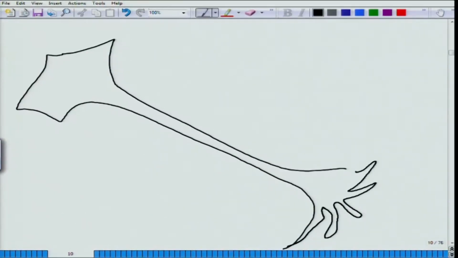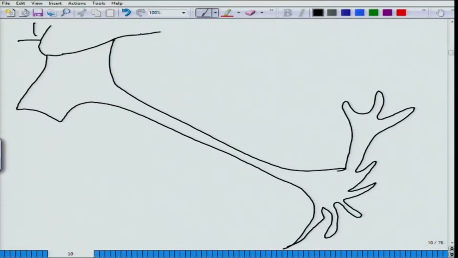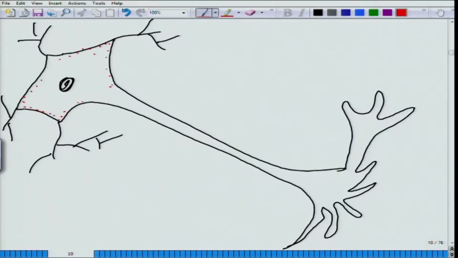So this is the arborization. And this is where the dendritic trees are. Now, let me represent these voltage gated ion channels like this, and we will have different color codes for them.